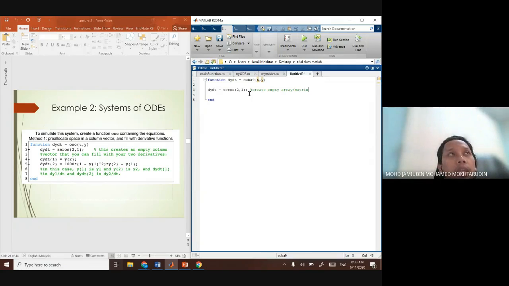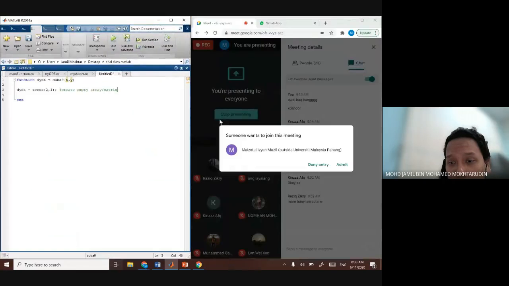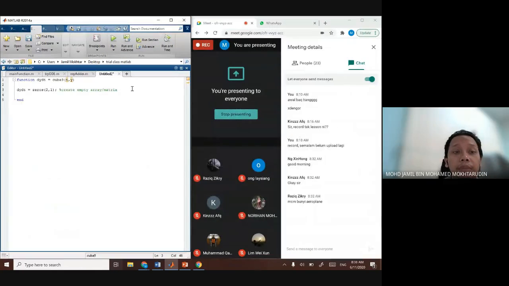Sometimes in MATLAB, when you write code that requires a lot of lines, MATLAB might get confused, maybe because some old values remain in that array. So you should always empty the array first before you continue your calculation. The purpose of putting zeros here is to create an empty array, meaning to clear the array.